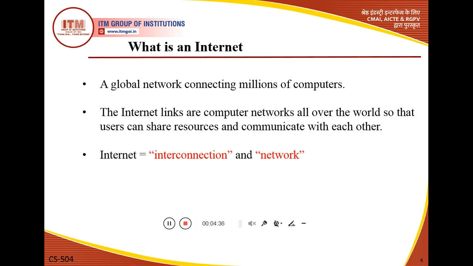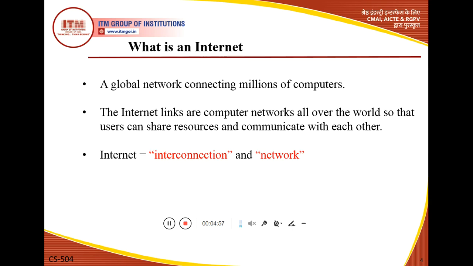Suppose you are seated here and your friend or family member is seated in a different city. You can communicate with the help of Internet. Because here, what do you mean by network?